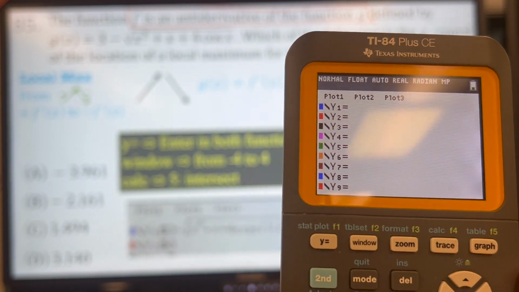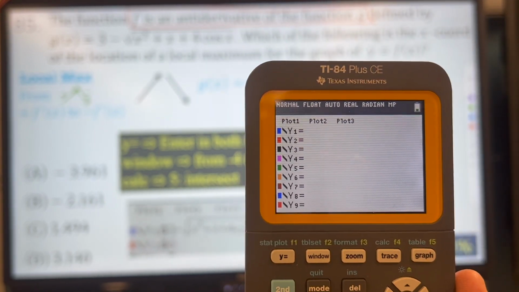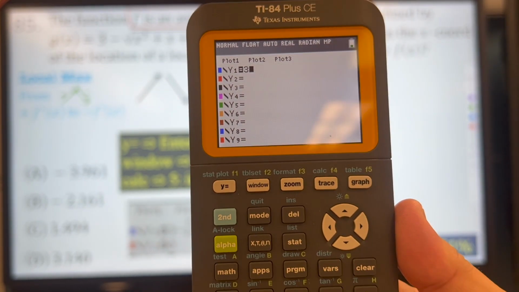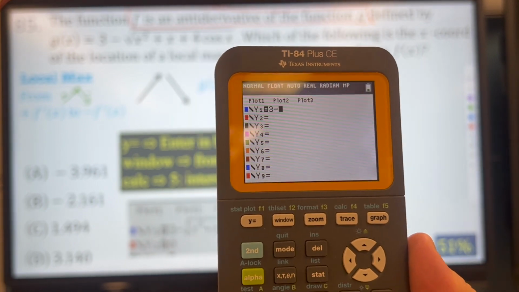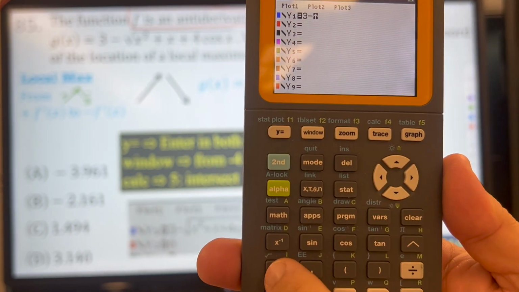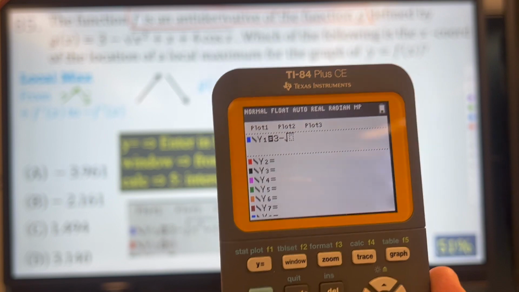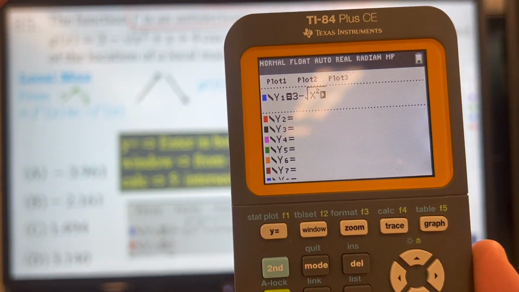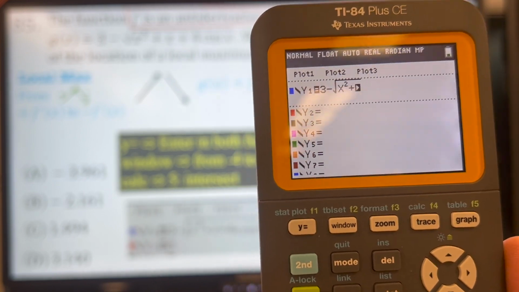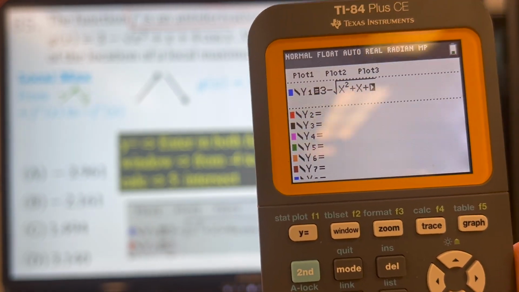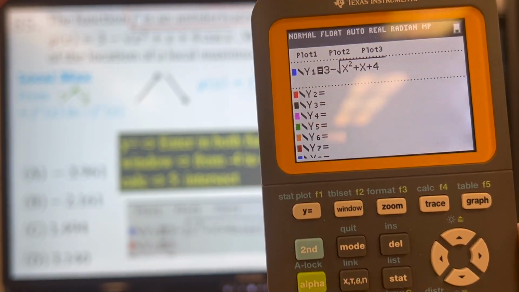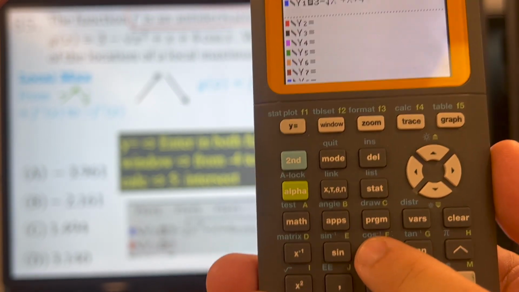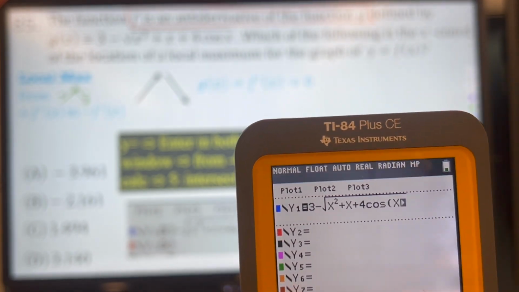And your equation is 3 minus, all right, second, square root of x squared plus x plus 4 cosine x.